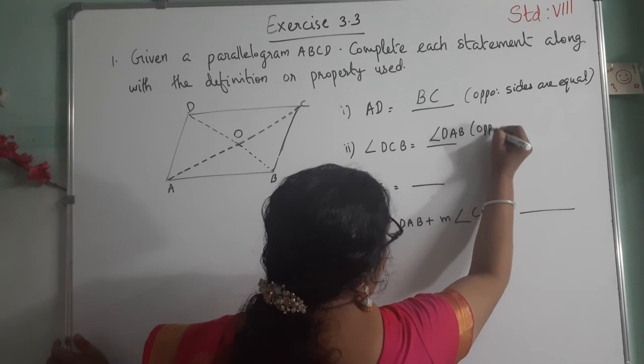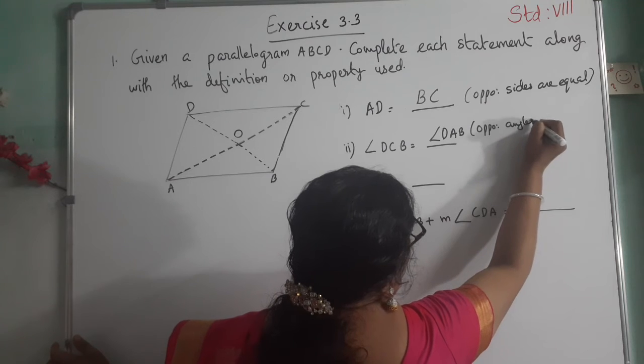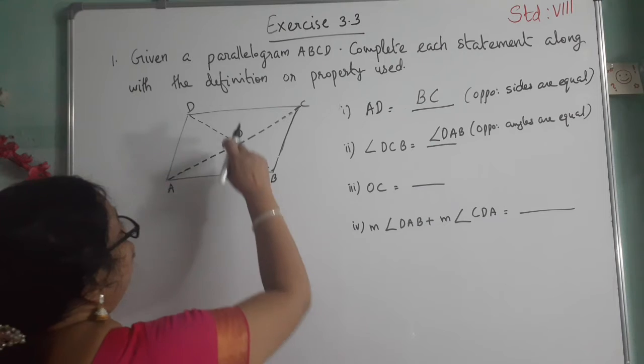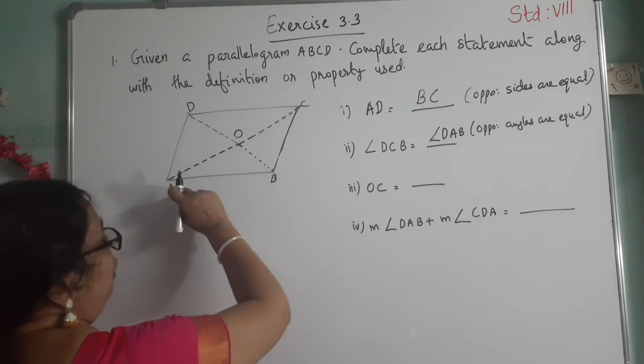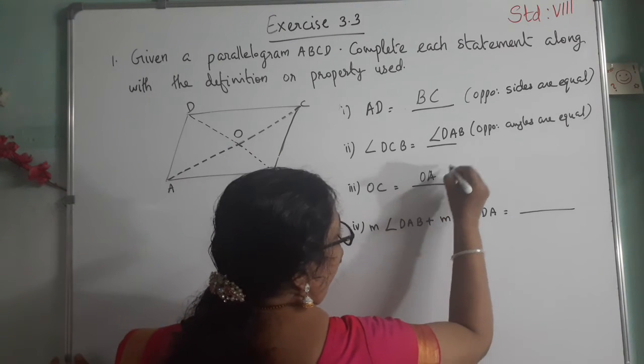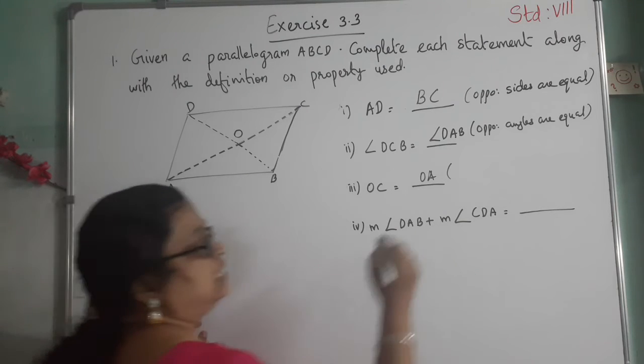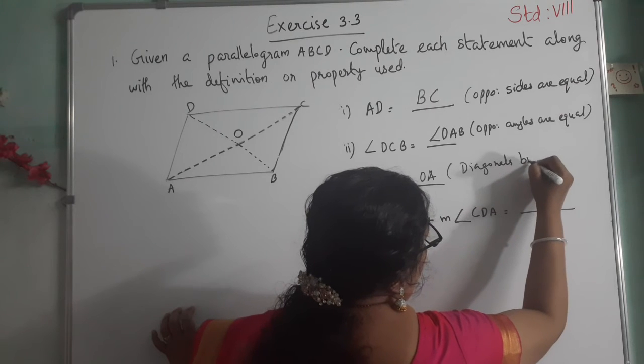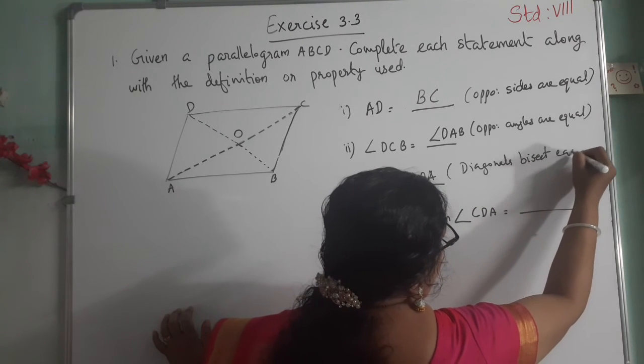That is, opposite angles are equal. The next, OC equal to OA. Why? The diagonals bisect each other.